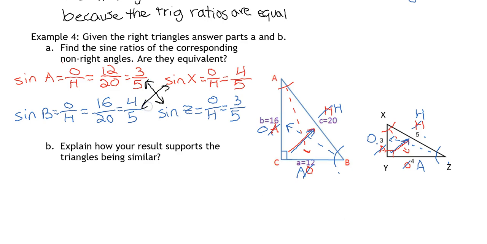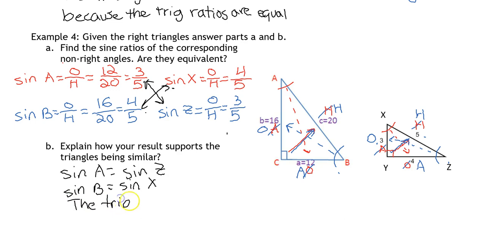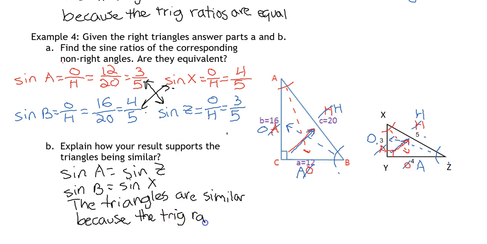It's not exactly across, but I do have these are equal and these are equal. So sine of A equals sine of Z, and sine of B equals sine of X. Okay? So again, the triangles are similar because the trig ratios are equal.